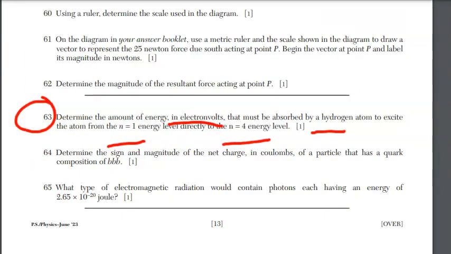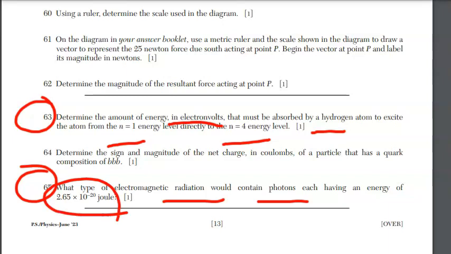Let's take a look at 65 as another example. What type of electromagnetic radiation would contain photons each having an energy of, and here's the energy. Well, this also introduces another reference table, the electromagnetic spectrum.